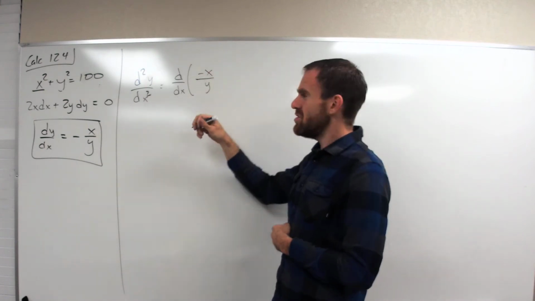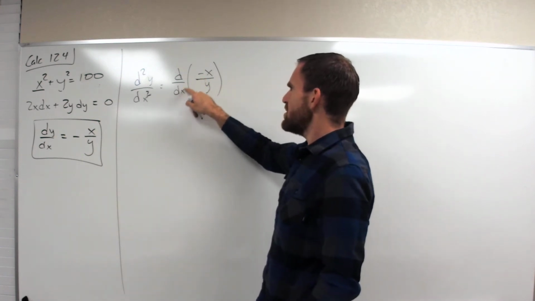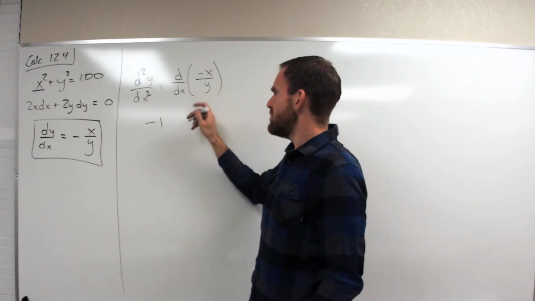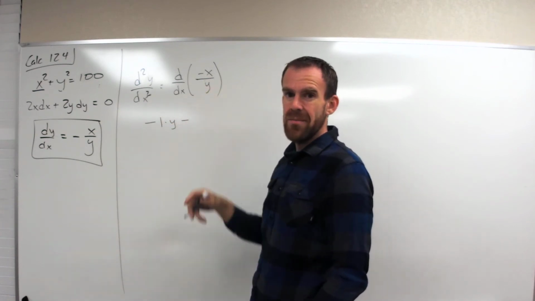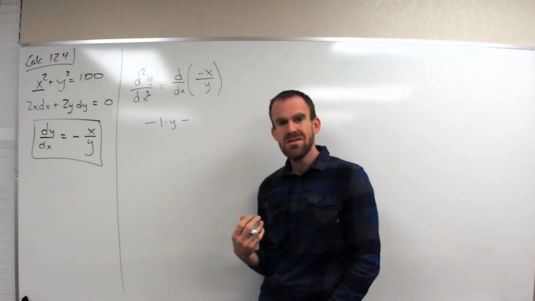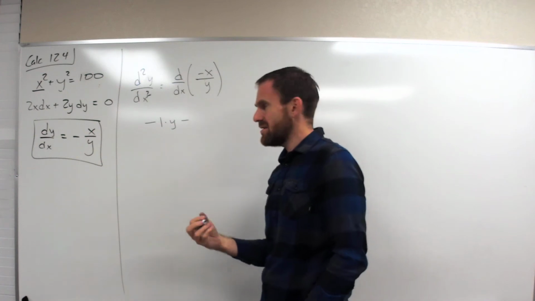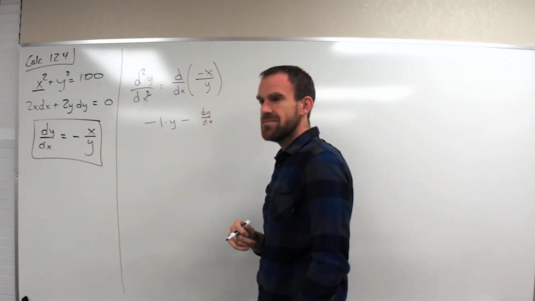Since this is a quotient, I'll have to use the quotient rule. So what's the derivative with respect to x of negative x? That's negative 1 times the bottom, minus the derivative of the bottom. Now here's where it gets tricky. What's the derivative of y with respect to x? Well, that's dy by dx.